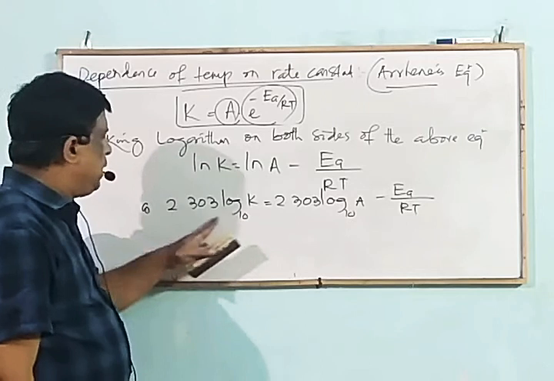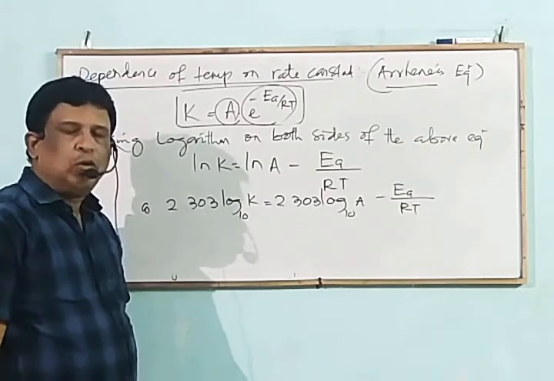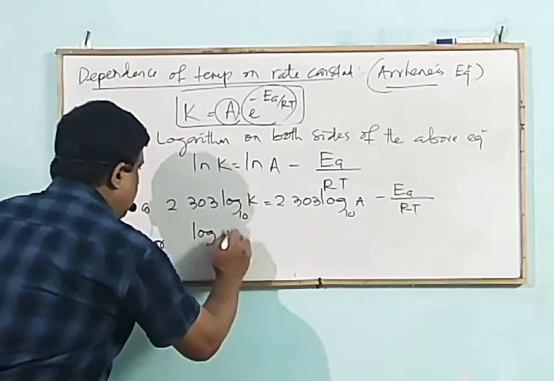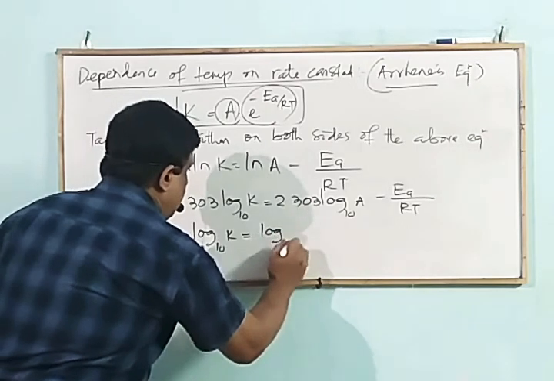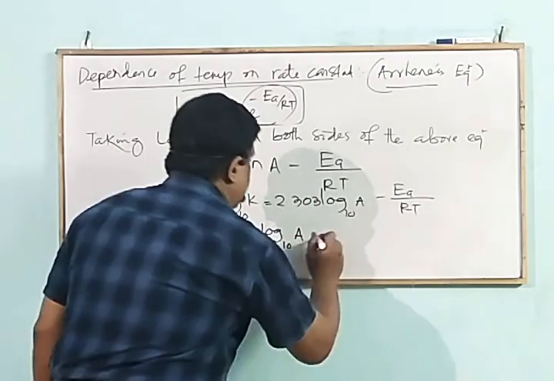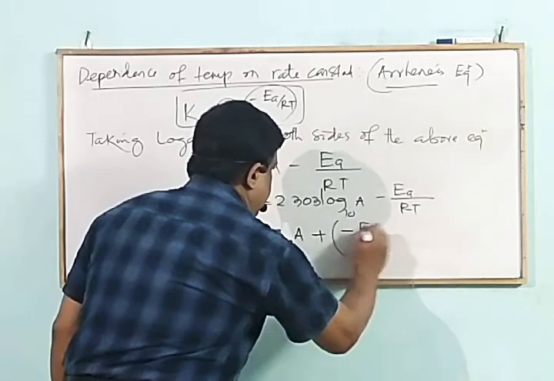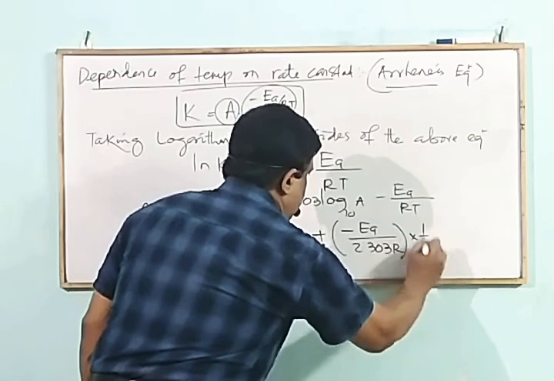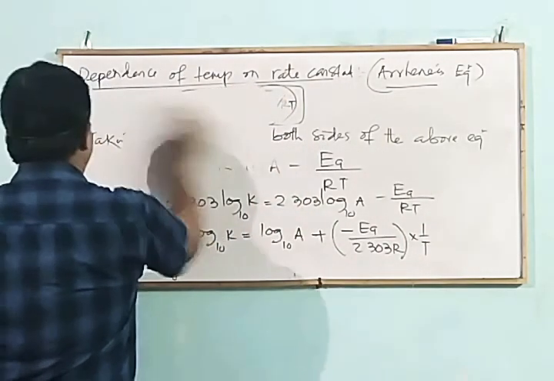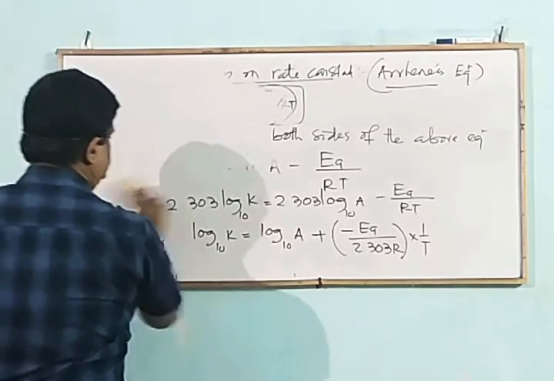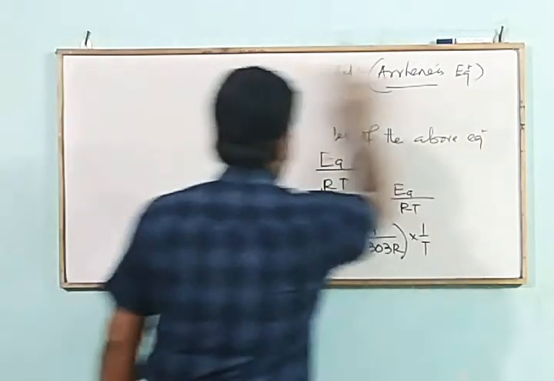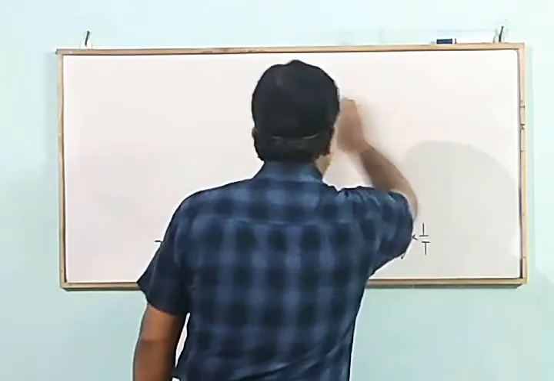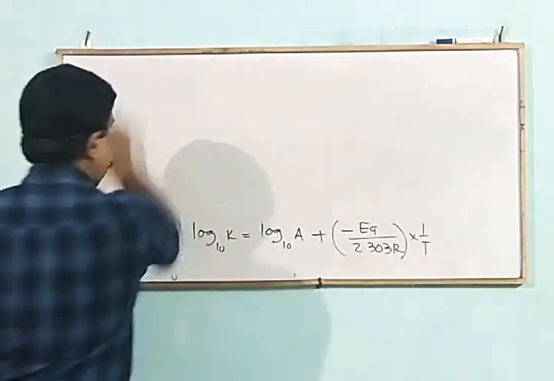Next, dividing each term by 2.303, we have log k is equal to log A minus Ea by 2.303 R into 1 by T. Mark that.